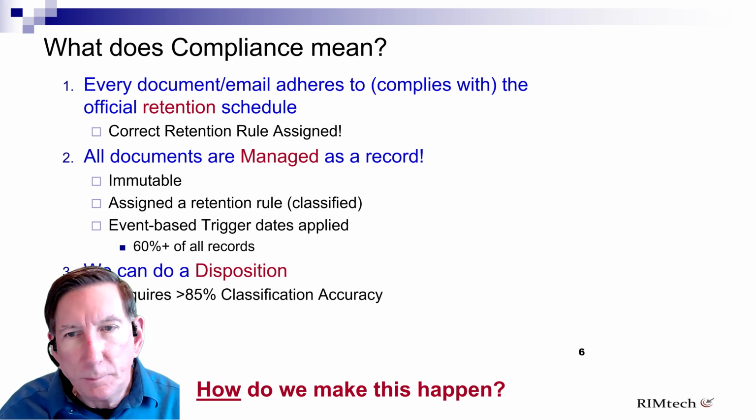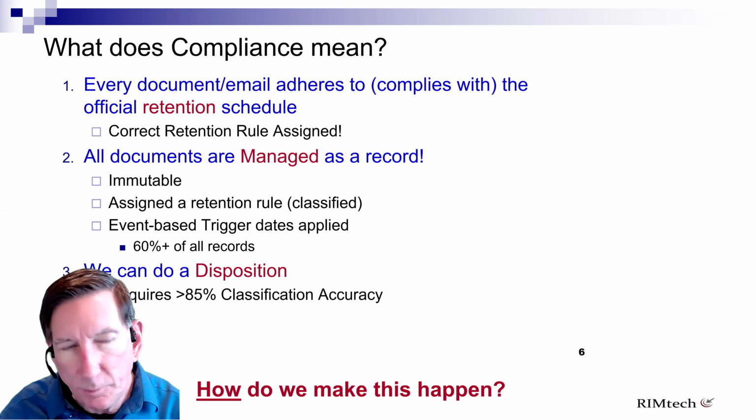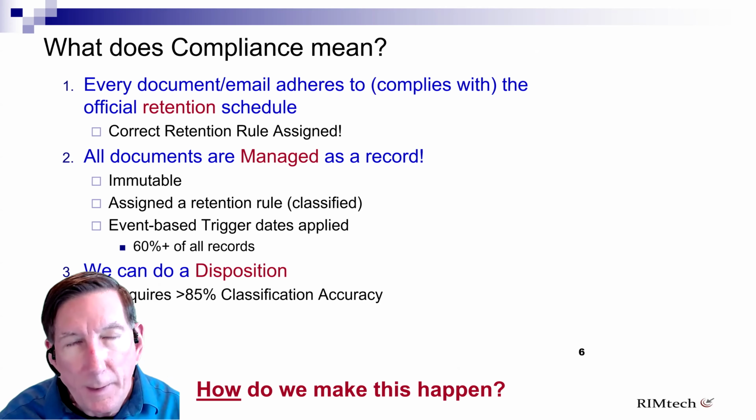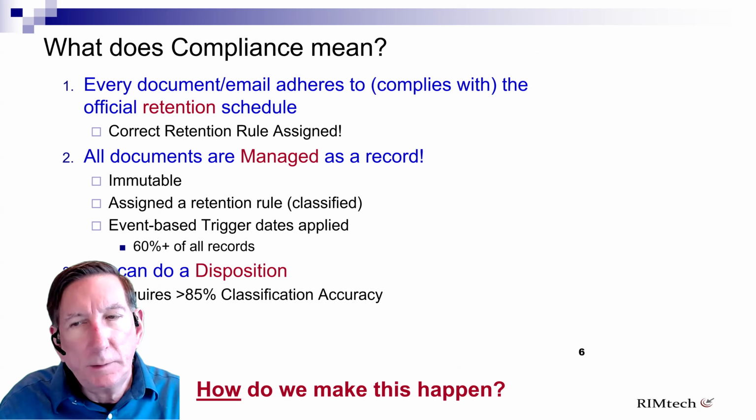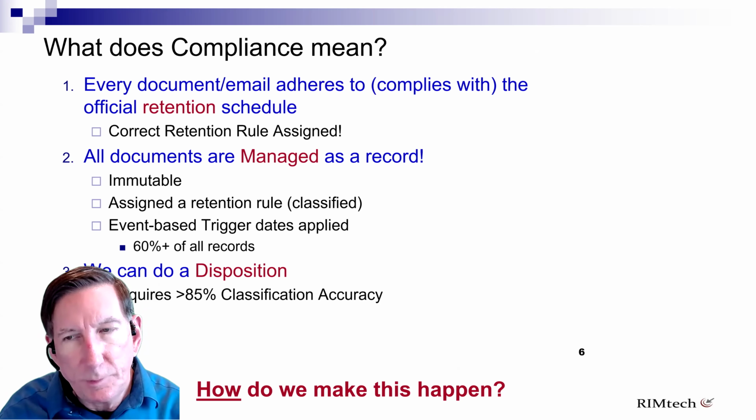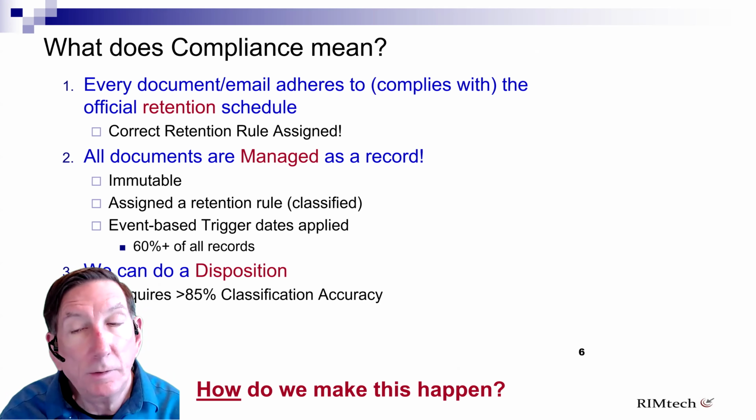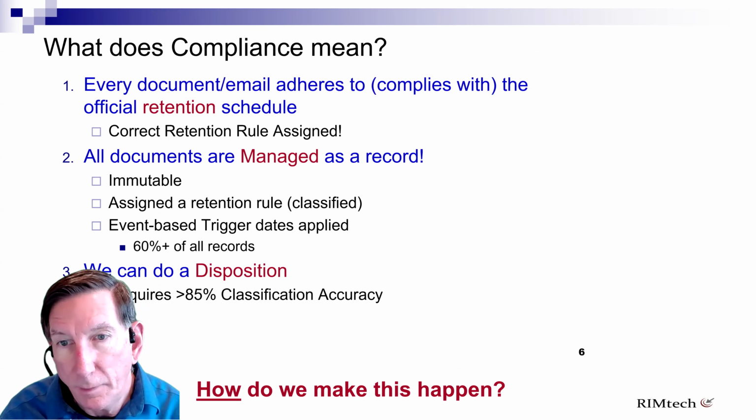The only way you can proceed with a disposition where you press one button and delete millions of documents in a single go is if you have enough confidence to do so. How do you get that confidence? Well, you have to be able to mathematically prove that 85% or higher of all of those millions and millions and millions of digital records are classified correctly to 85% or higher.